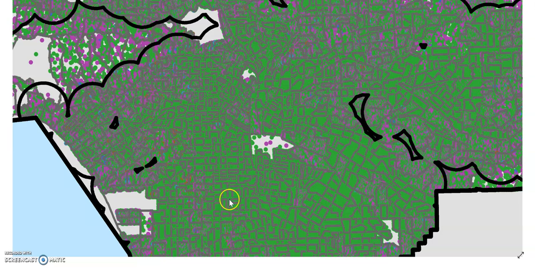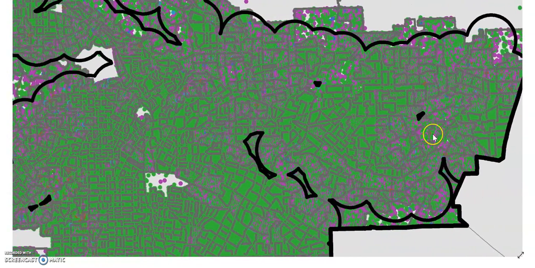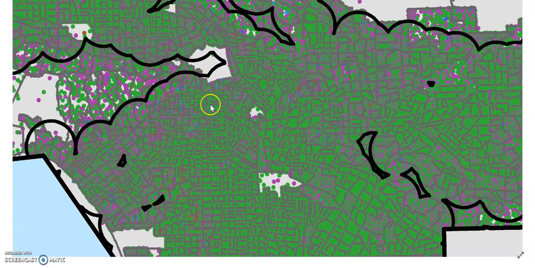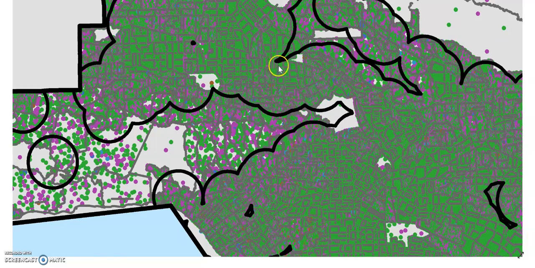As you can see here, the really strong green color represents a domination of Latino people in this area, whereas in areas like these, you can see a mixture of purple and green, which indicates that the population is mixed here. And because the results are so mixed, I can't really make any conclusive conclusions from this map.